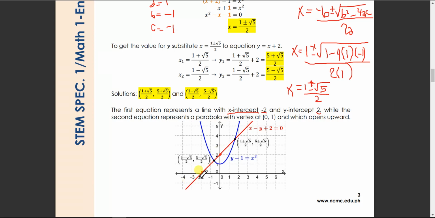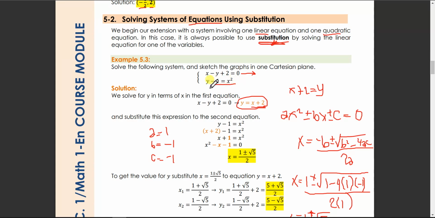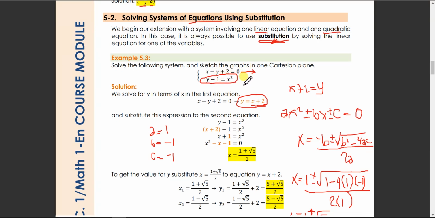So if you're going to extend that line, so muna siya imuhang equation sa imuhang x minus y plus 2 is equal to 0. Then kani kaduha, so this is a familiar na equation sa inyo ha, since we have discussed already the standard equations sa ato ang previous nga mga modules. So this one, we have y minus 1 is equal to x squared is actually a parabola.